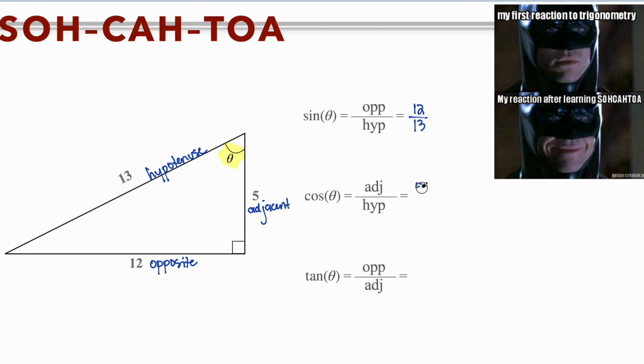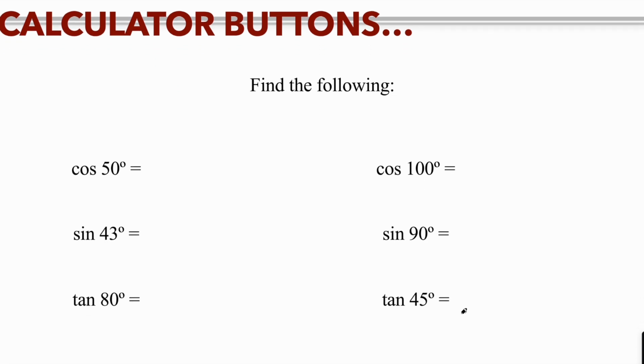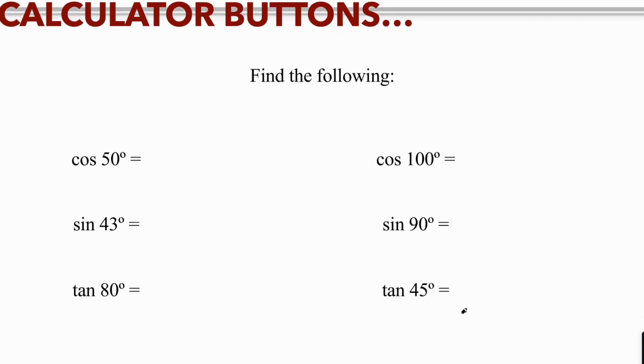My cosine is adjacent over hypotenuse. And my tangent is opposite over adjacent. Again, at this moment, we are only discussing what the trig ratio stands for. Now we're going to start figuring out what these actually mean.